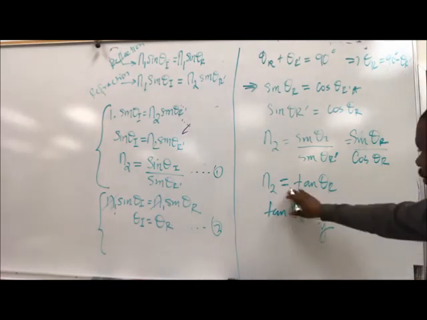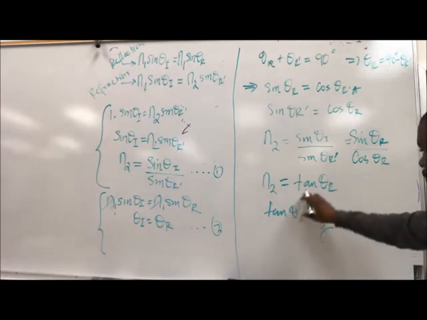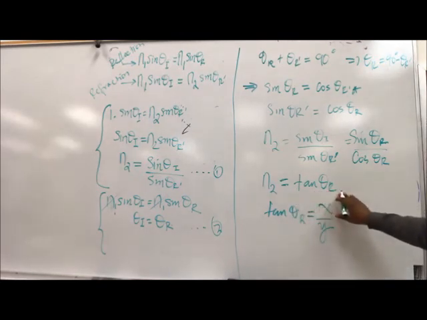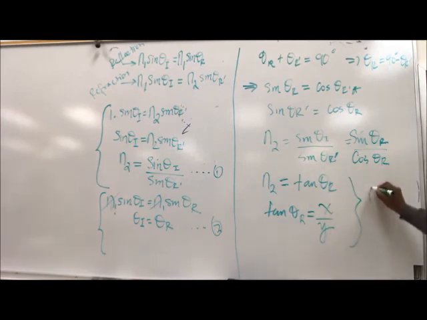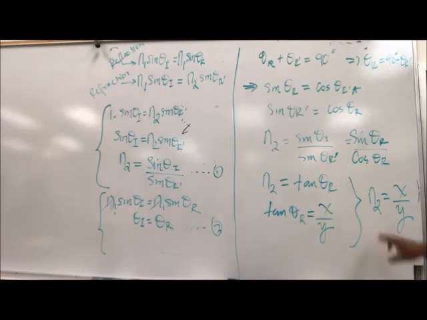So N2, which is the tangent of the angle of reflection, is the same as the ratio of the horizontal versus the vertical distance. So these two expressions here simply tell me that I can obtain N2 by doing the ratio of x over y. And that will be the refractive index of the table surface you use in this lab.